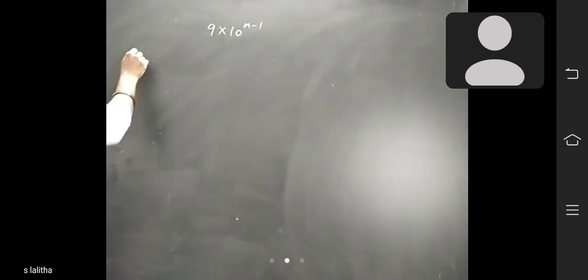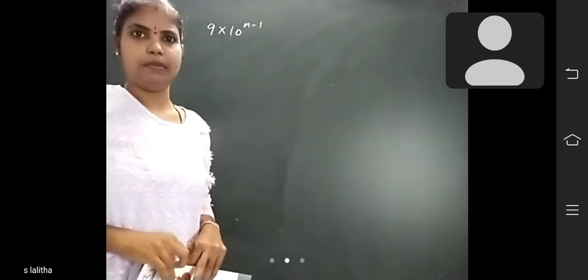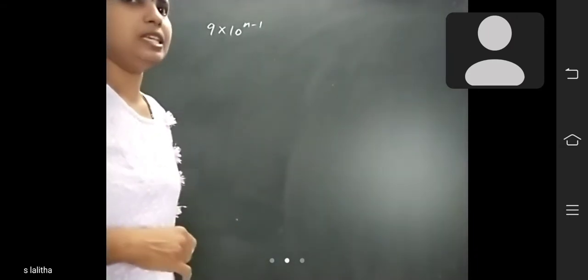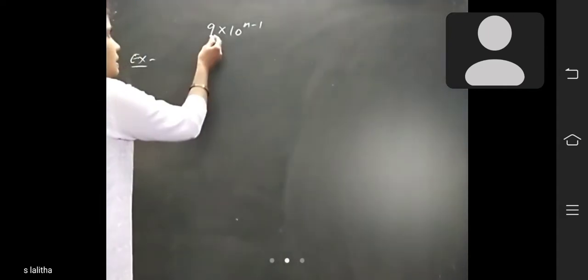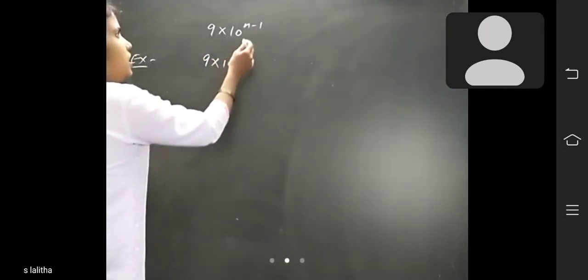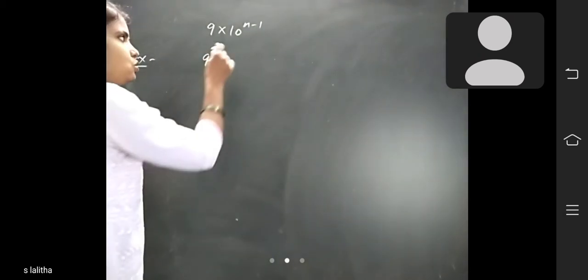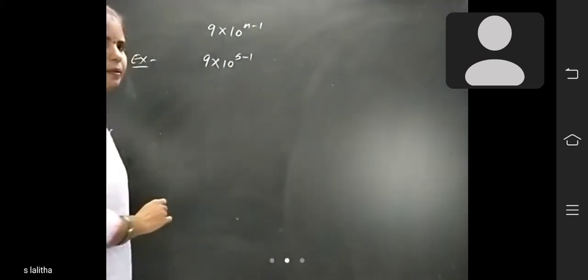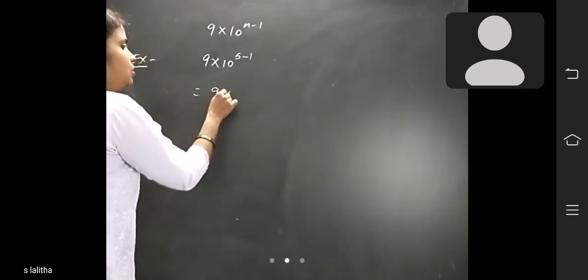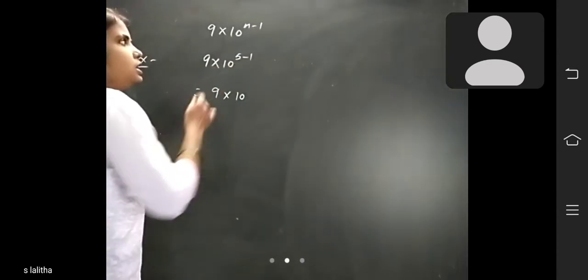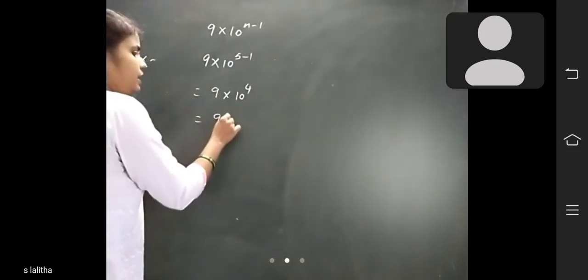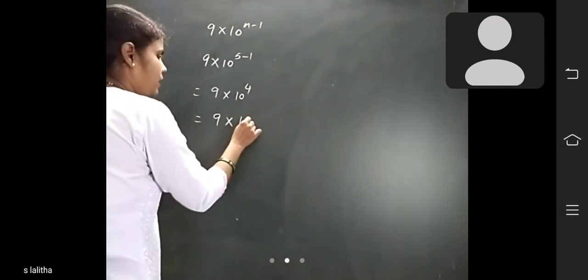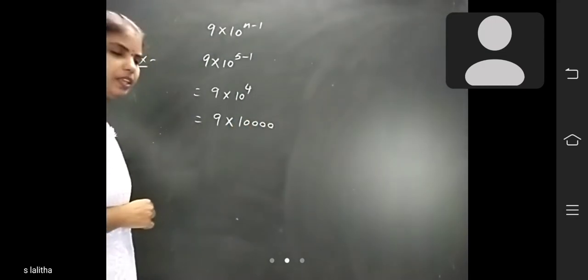Suppose, for example, you have to find how many 5-digit numbers there are. How can you find the total number of 5-digit numbers? You can substitute here 9 into 10 power n minus 1, where n means 5 since we want 5-digit numbers. So 9 into 10 power 5 minus 1, how much? 4. 10 power 4, so you have to write 4 zeros: 10,000.